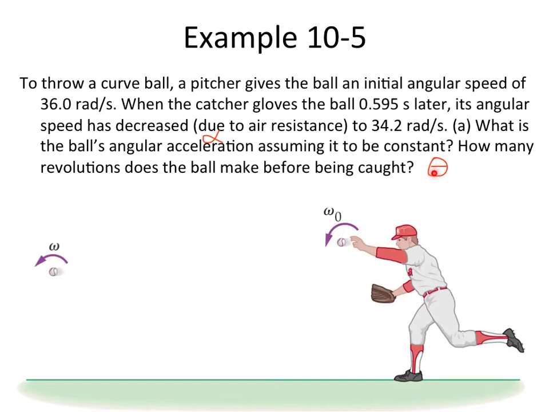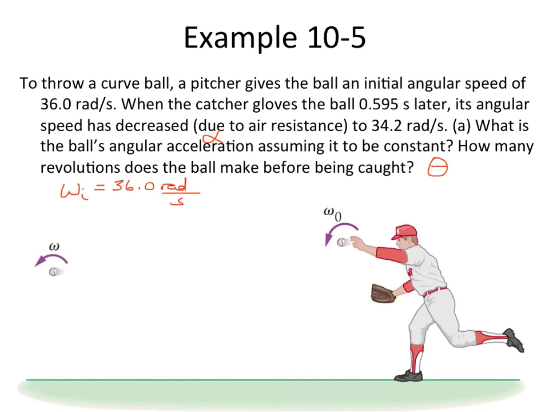Let's go ahead and read it. To throw a curveball, a pitcher gives the ball an initial angular speed of 36.0 radians per second. So that is our omega initial, I call it omega initial instead of omega naught, and that is 36.0 radians per second.